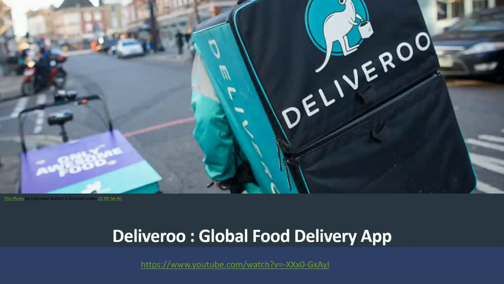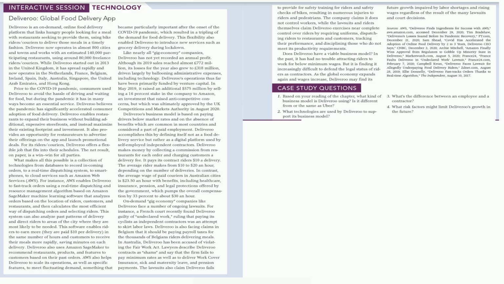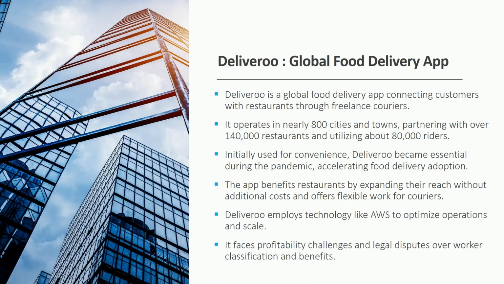So now let's check the study case, yeah, the Deliveroo, the global food delivery apps. So later on you can see the YouTube video, but let's just move into the summary of the study case here.